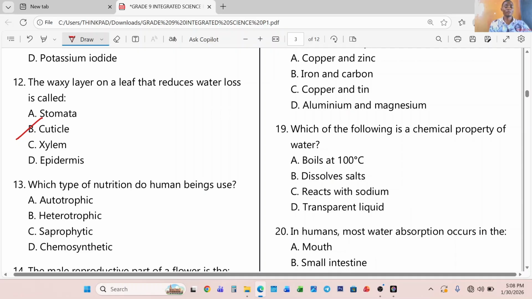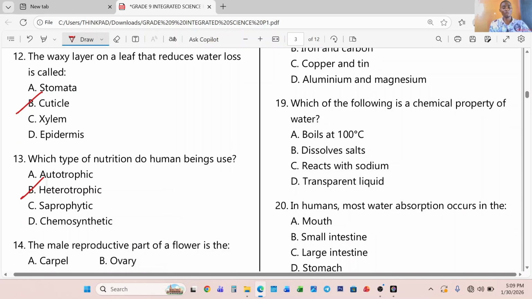B, heterotrophic nutrition, is where organisms depend on already synthesized food materials. C, saprophytic, is for organisms that cause decomposition. Then we have chemosynthesis, organisms that manufacture their own food by use of chemical reactions. So the correct answer is heterotrophic nutrition, where human beings depend on already synthesized food materials. So the correct answer is B.